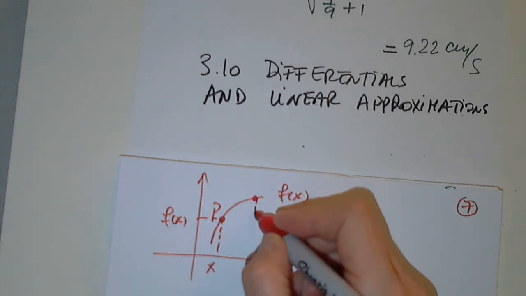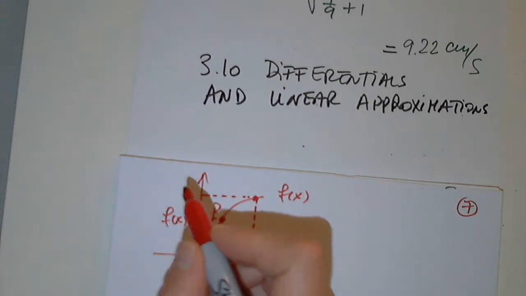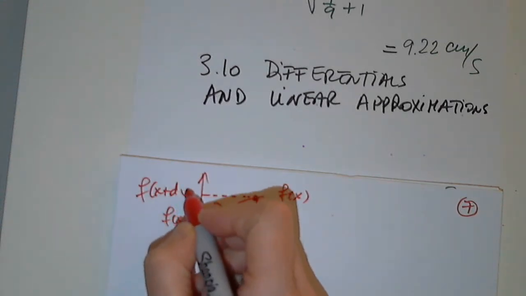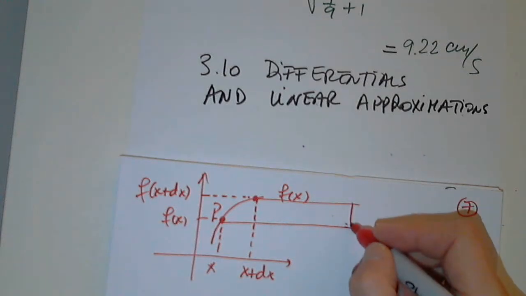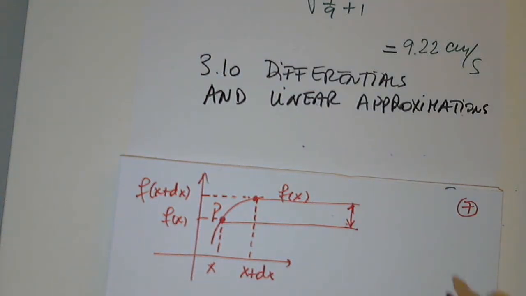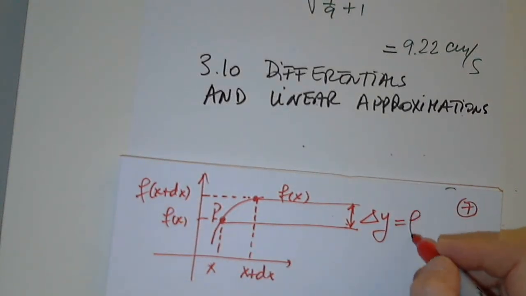We had Q very, very close, x plus dx, and of course f of x plus dx. And we learned that this is the exact change, which is f of x plus dx minus f of x.